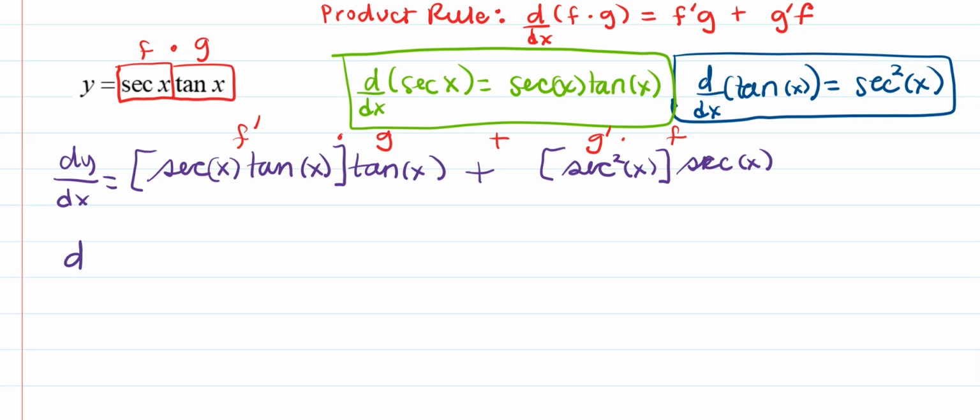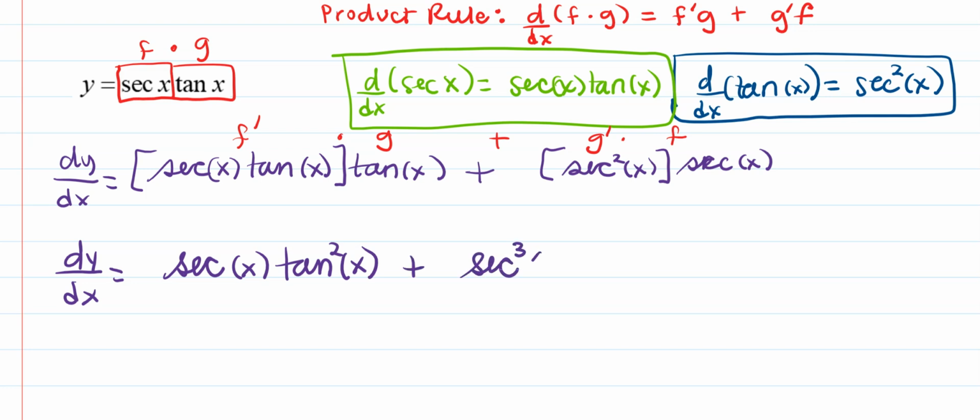So we are looking at dy dx being secant of x times tangent square of x plus secant to the third of x. Now, it depends on what we want to do here.